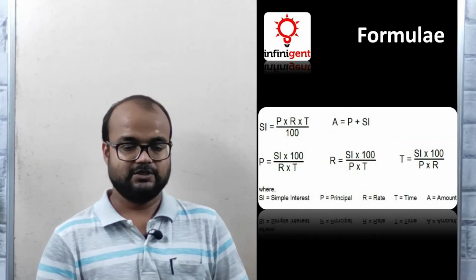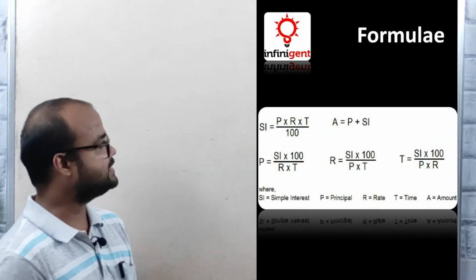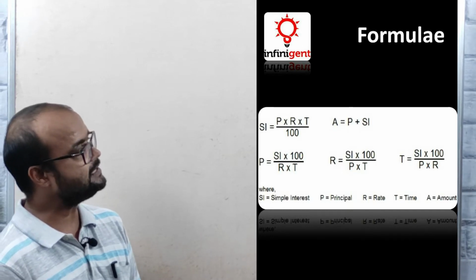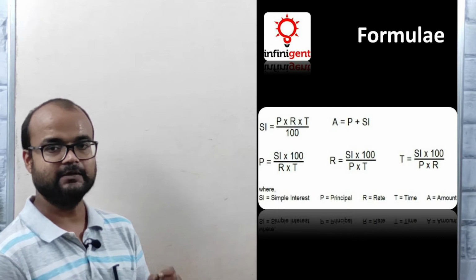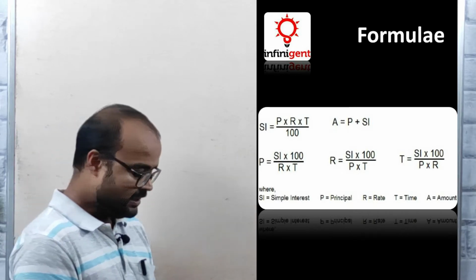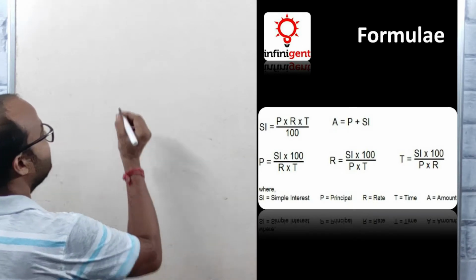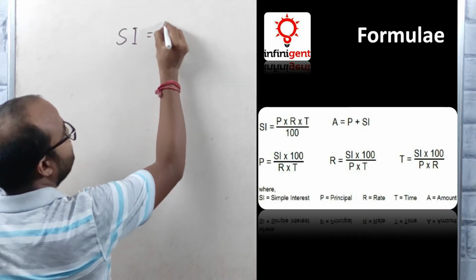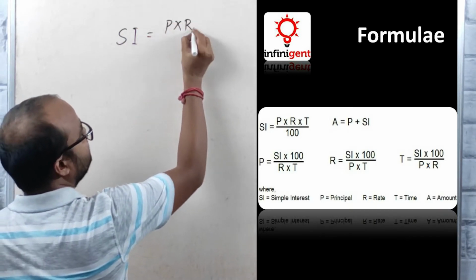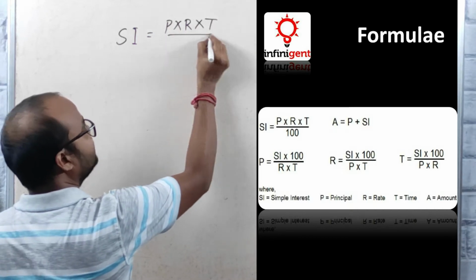Let's go through the formula of simple interest. So our first formula is SI equals P into R into T by 100. Now in this formula, SI equals P into R into T by 100.